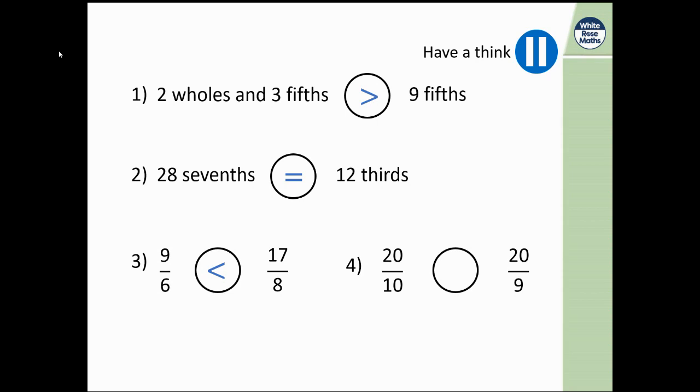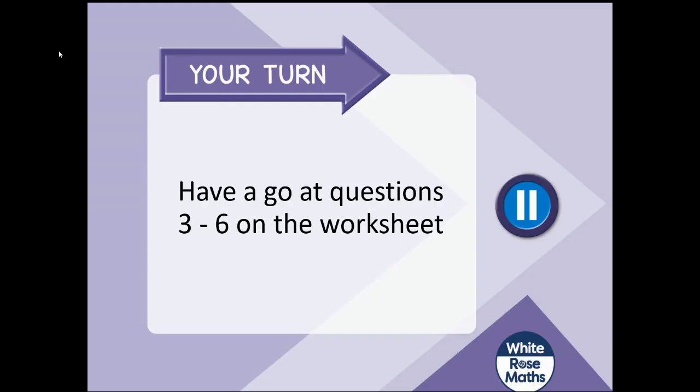And then we go to the other one and say, right, how many 9's are in 20? Well, there's 2 because it's 18, but then there are 2 left over. So it's 2 and 2 ninths. So it's 2 wholes and 2 ninths, which of course is bigger than just 2 wholes. So it does work. That little tip does work. So we'd have 20 ninths greater than 20 tenths. Again, glad I got that right.